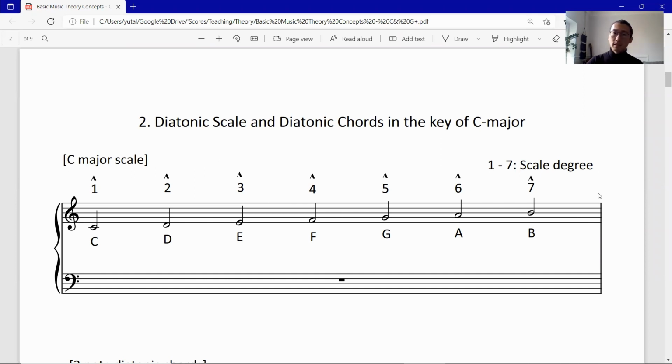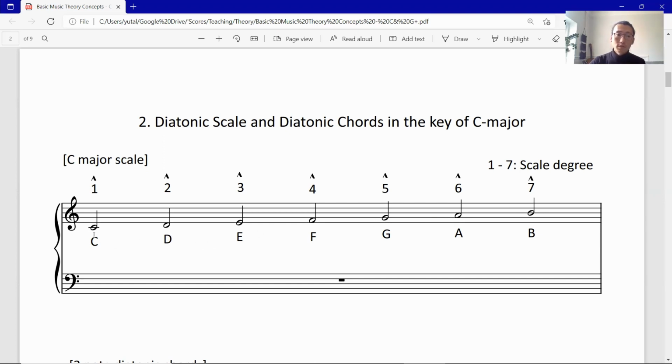And the octave C is gonna be 8. You can call it 8 or 1 because it's pretty much the same thing. C to D is second, C to E is third, C to F is fourth, C to G is fifth, C to A is sixth, C to B is seventh, and C to C is octave or eighth.